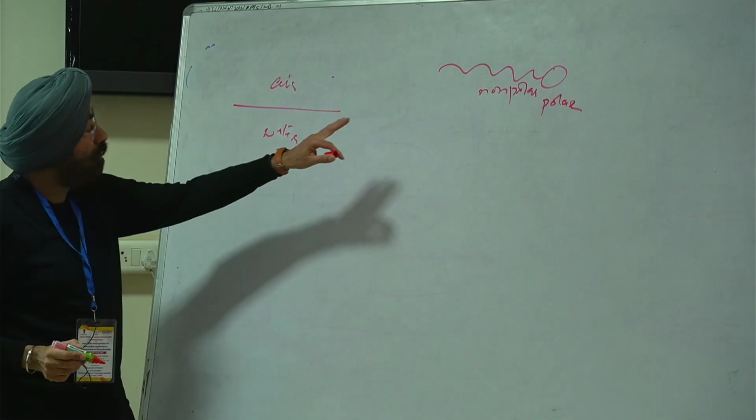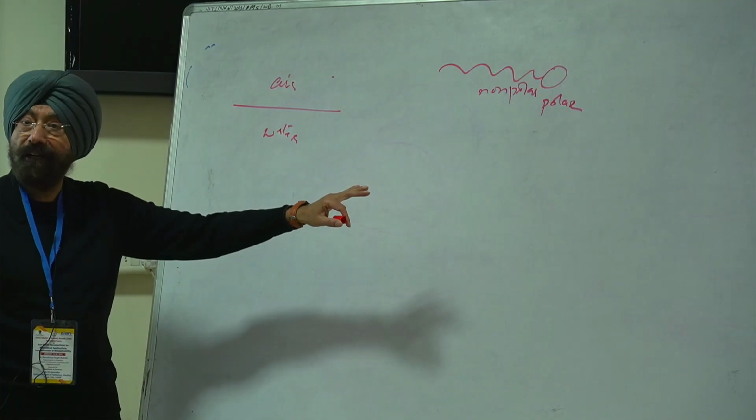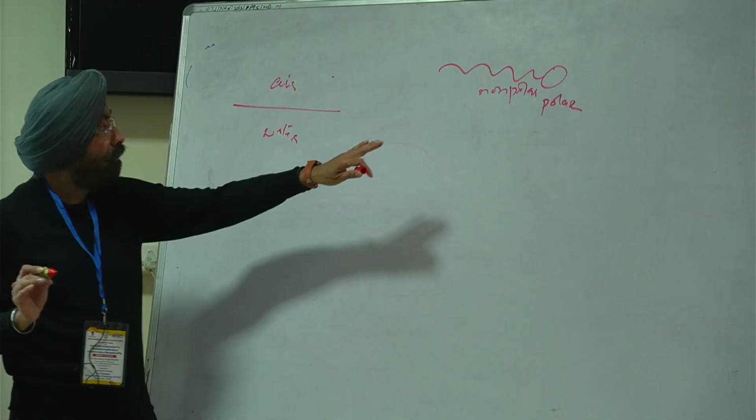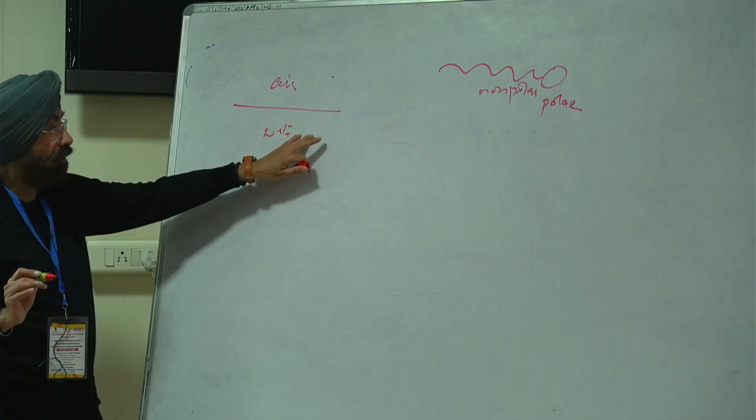So you can see from the molecular structure of a surface active molecule that the non-polar part will not be able to be introduced into the aqueous phase.